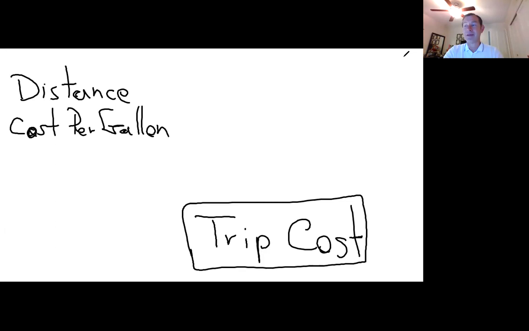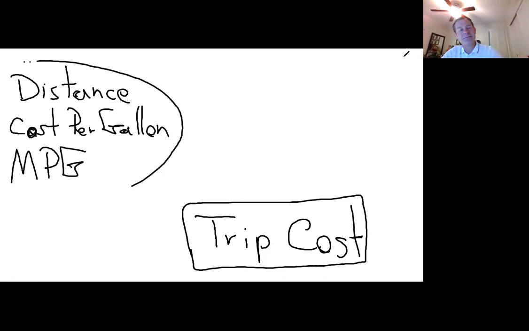So the distance per gallon, yes, which is called miles per gallon. So if I look at this right here, these are the three things that I need to know in order to get to trip cost.